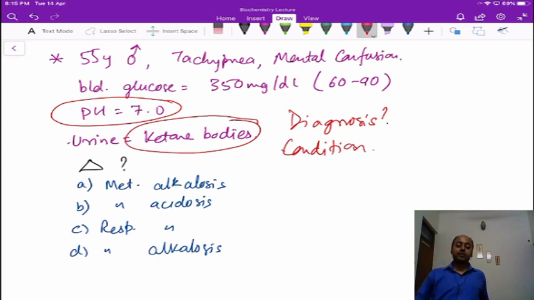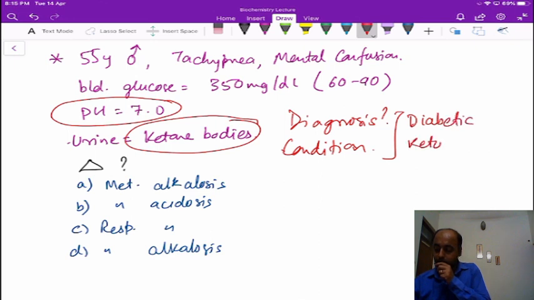What is the clinical condition that we're seeing here? This is diabetic ketoacidosis.